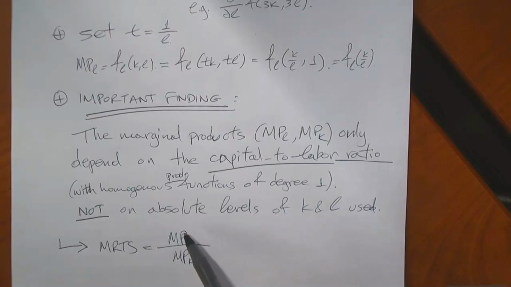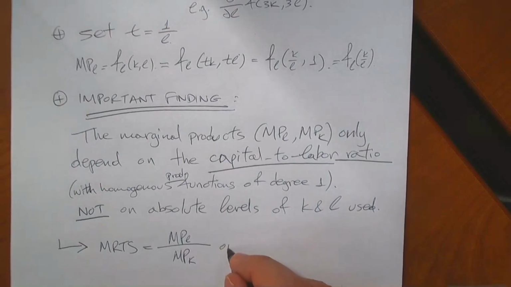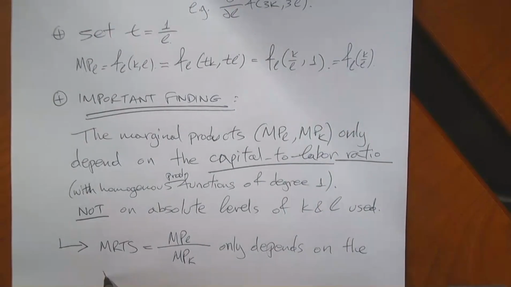So when we put them together in an expression and each of them depends on the capital to labor ratio, the MRTS as a whole is simply going to depend on the capital to labor ratio. Yes? So it only depends on the ratio of K over L.